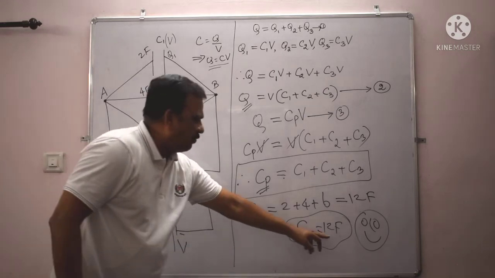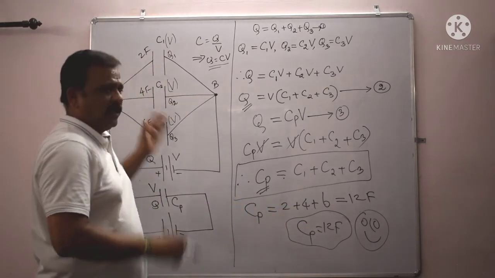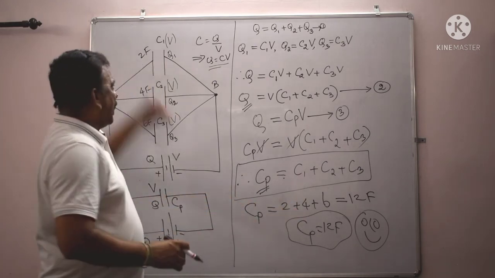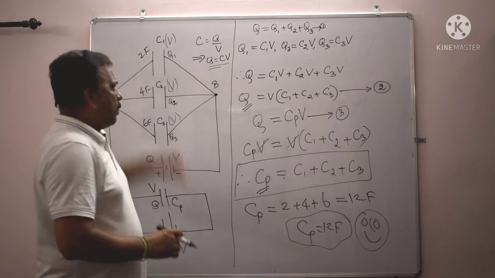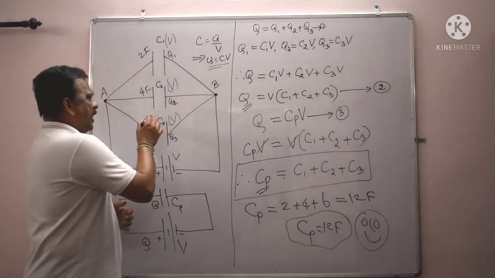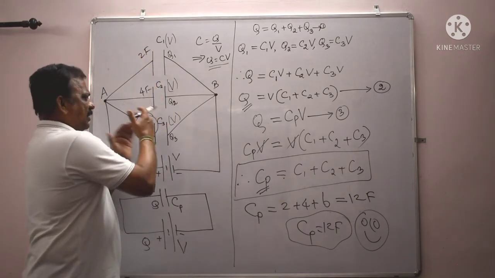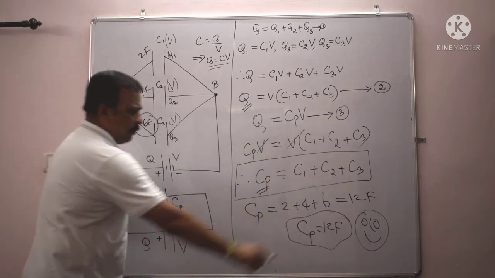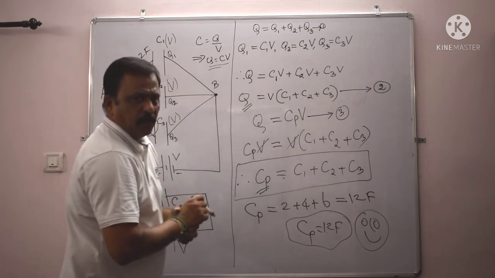Now if you look at the total capacitance and compare it with the individual capacitances in the circuit, the total capacitance is 12 farad and the individual capacitances are 2, 4 and 6 farad. Now among the individual capacitances, whichever is greatest, compare. So among 2, 4, 6, the greatest capacitance is 6. The total capacitance value is greater than the greatest capacitance in the circuit.